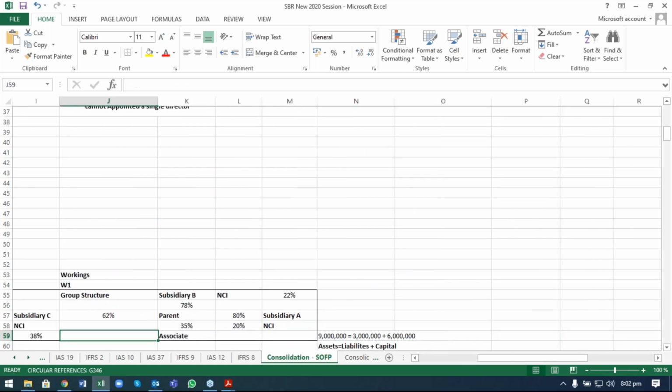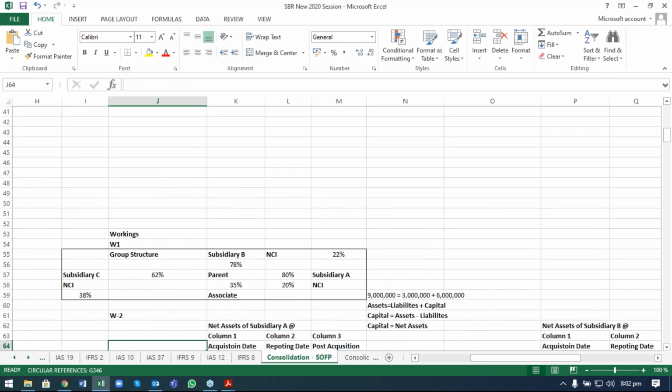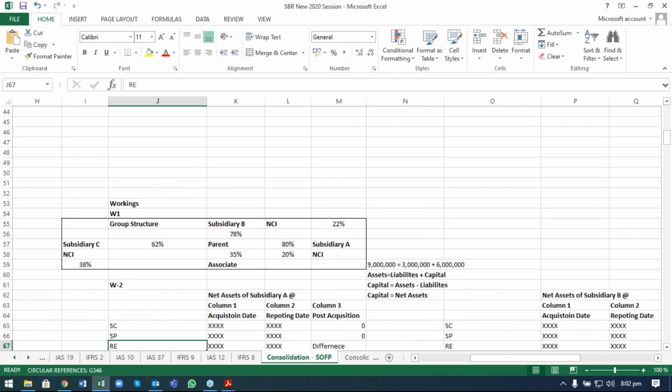The next step is net assets of subsidiary. The examiner is going to ask you these specific requirements, rather, the examiner is going to make you do different calculations. So what is net assets? I'm just quickly going through it. Net assets means assets minus liabilities. It simply means the capital section of the subsidiary is equal to the net assets you are going to calculate.